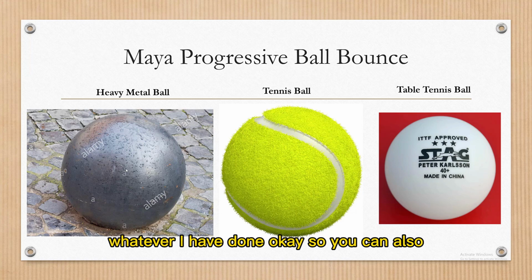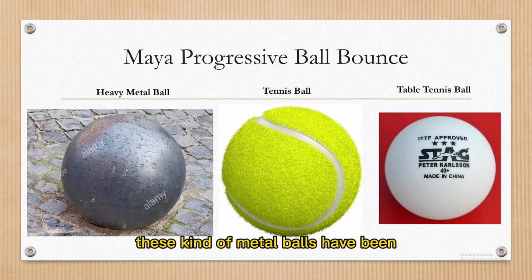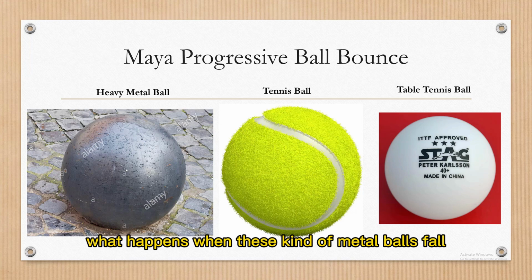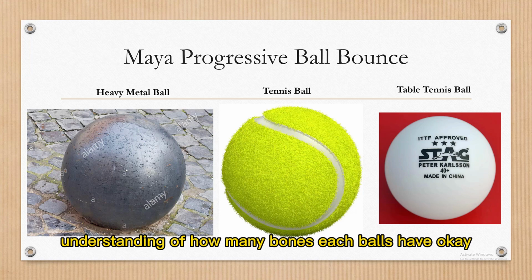You can also take references from the internet, to see what happens when these kind of metal balls fall. After I finish this slide, I will also share videos so that you can have an understanding of how many bounces each ball has.